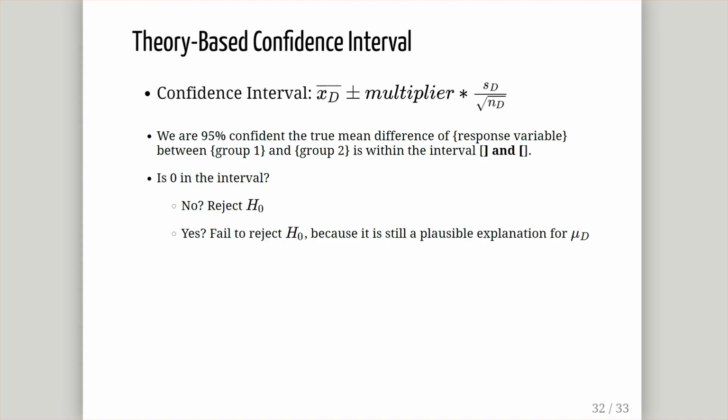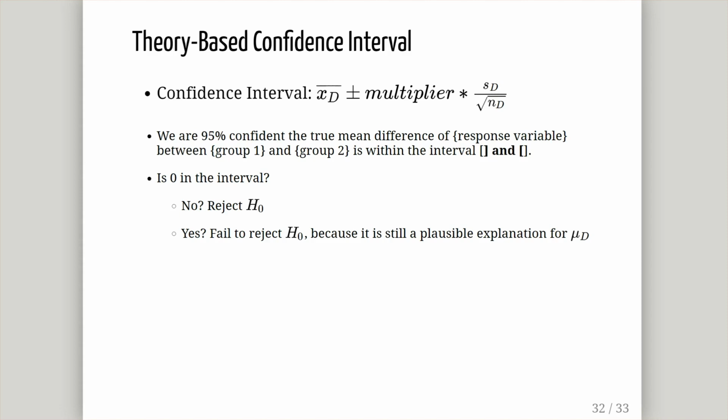This template is good for you to memorize. You'd use this template for the context of your study. So you'd replace the response variable with the response variable of study, group 1, whatever that is in your study, and group 2, whatever that is in your study. You'll put the lower bound for the first number of the interval and the upper bound for the last number in your interval.